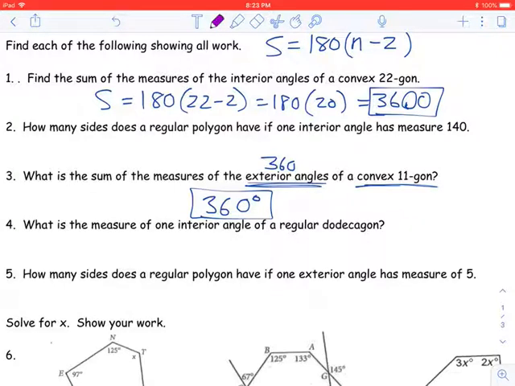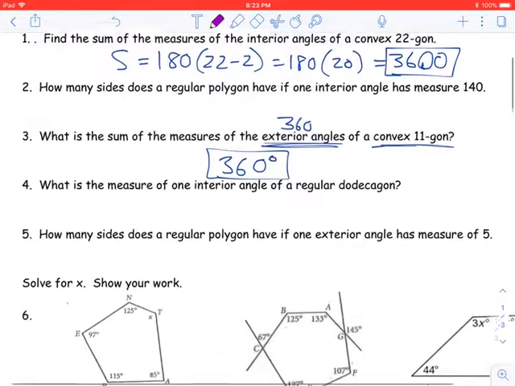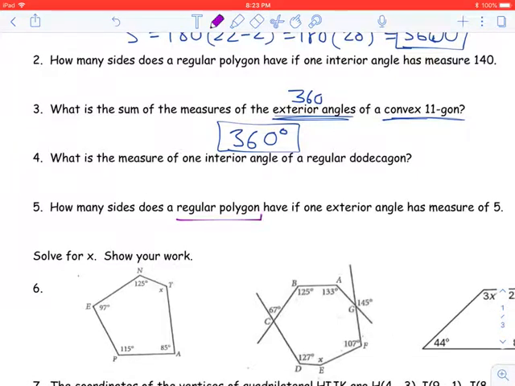It says, how many sides does a regular polygon have? Remember, regular polygon means they're all the same measure. How many sides does it have if one exterior angle has a measure of 5 degrees?